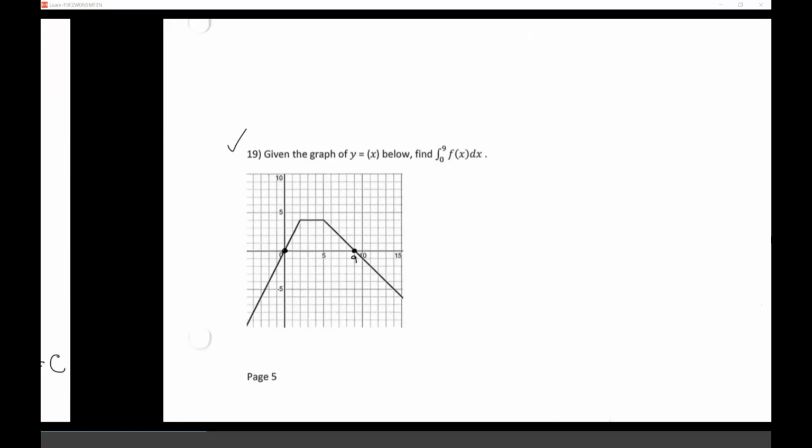That's what the bounds are. The bounds are x's. Okay, so if you know that, a definite integral is a total value, or it's the area under a curve if it's a definite thing, okay? So let's take a look at this shape.